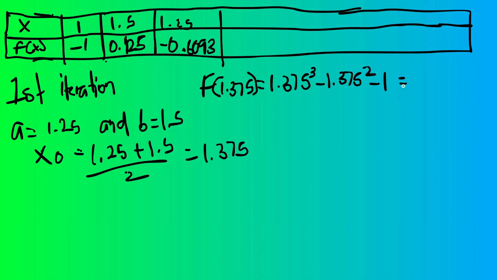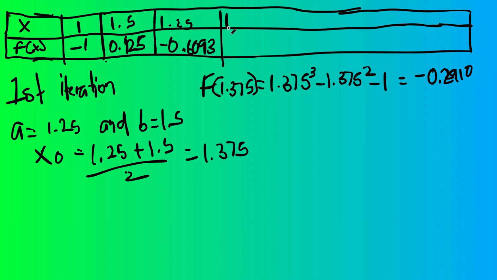So 1.375 cubed minus 1.375 squared minus 1. So answer is, sorry, negative 0.2910. So that's the answer.